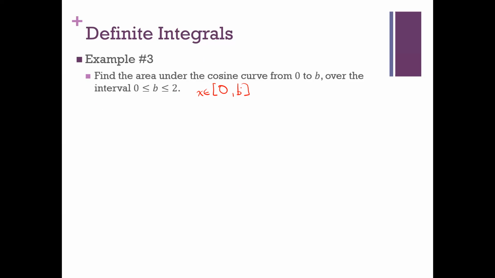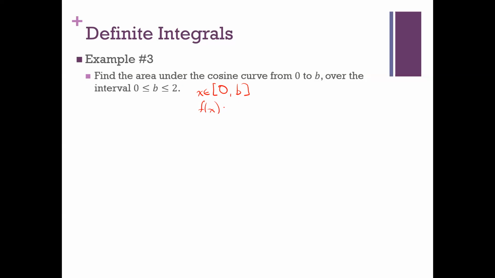So I don't want b to go any higher than 2, but maybe I want to find the integral from 0 to 1 or 0 to pi over 2, something like that. So a little bit different, but we got our interval. X is going to vary from 0 to some b. What other information do I need to know about this to set up an integral?